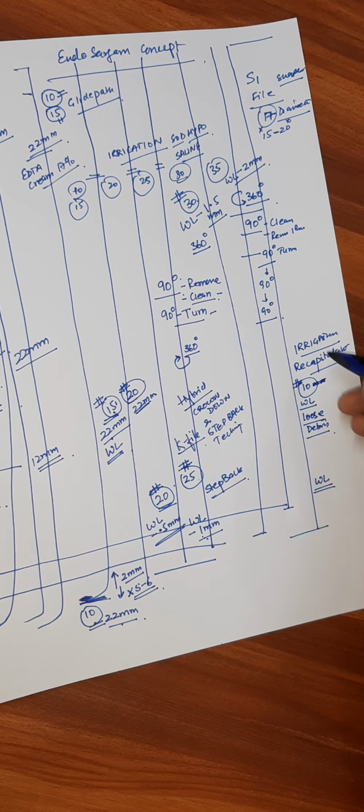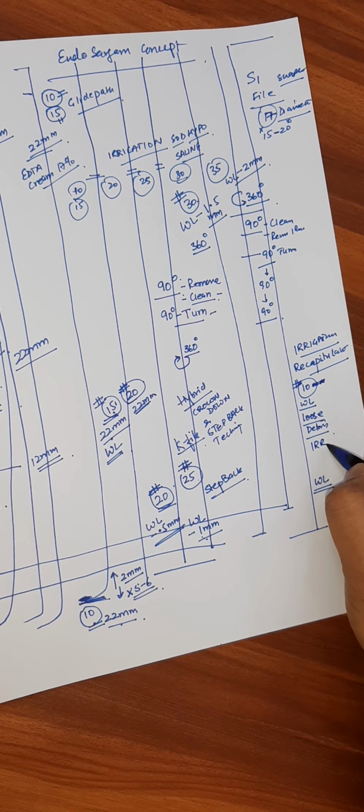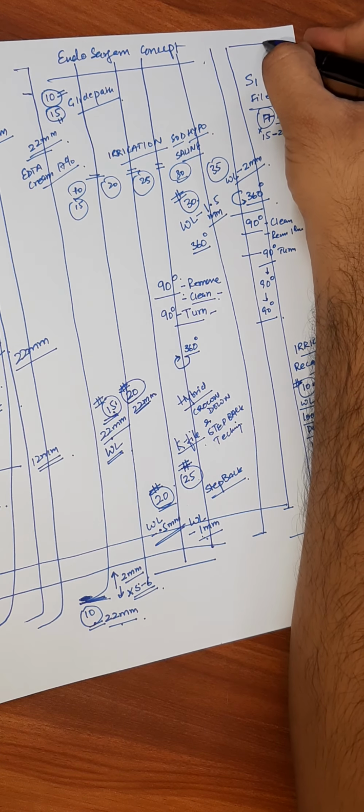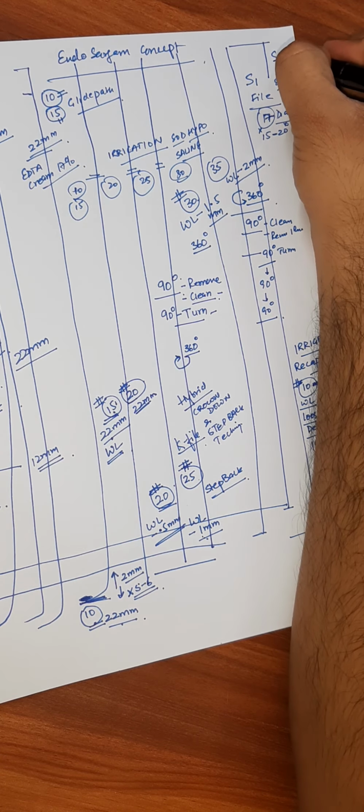Now you have to re-irrigate, and your canal is ready to receive the next file. This is S2, and you have to use S2 till the full working length.